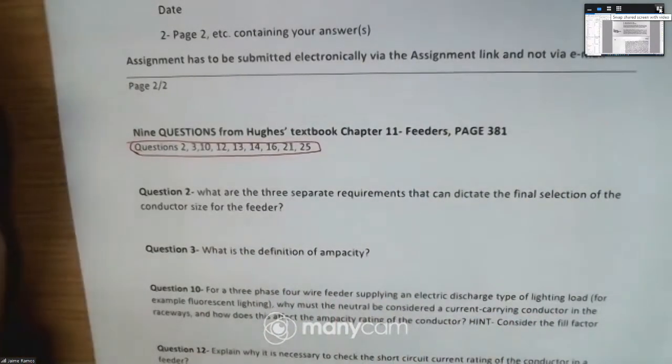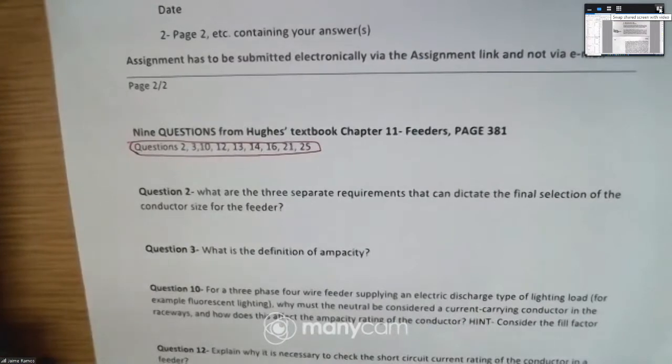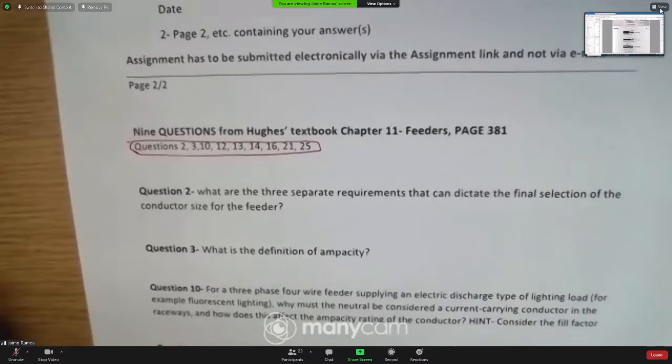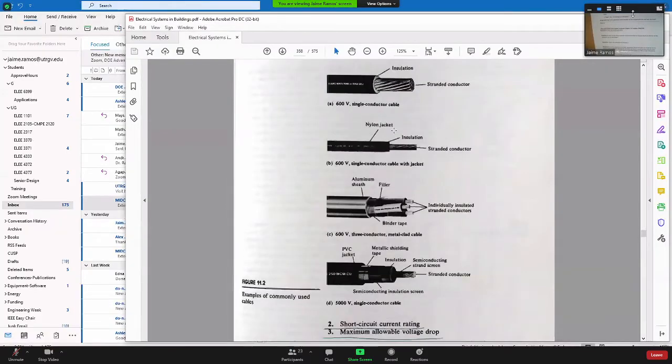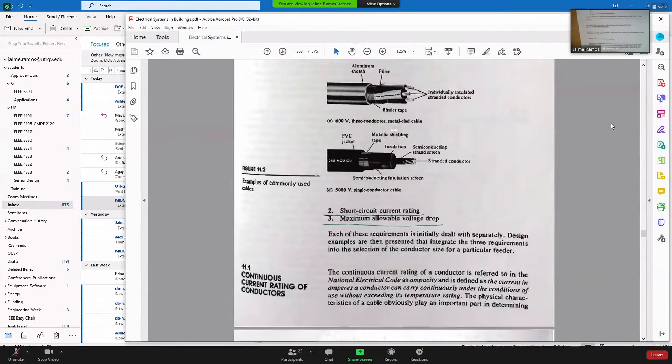Here: short circuit current rating, maximum allowed voltage drop, and number 1, continuous current rating. So there are 3 conditions that the feeder conductor must comply with: current rating, which is the ampacity, the short circuit rating, and the voltage drop.